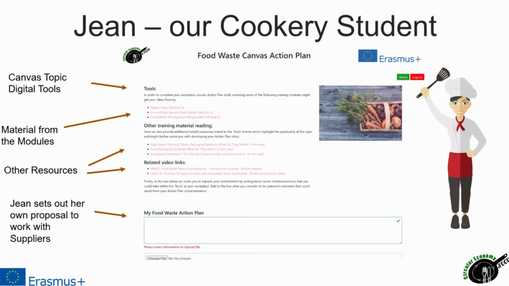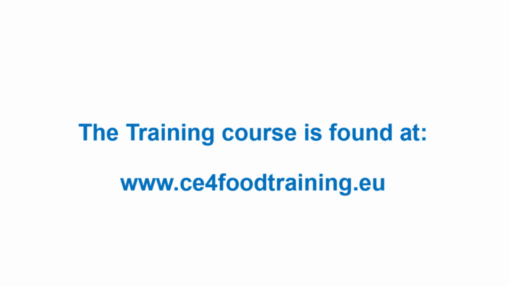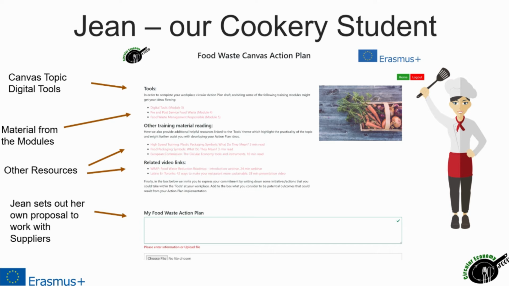So the first one that is highlighted is our tools. Now in this section here, there are a number of parts of our training course that is available from our main website through to the training course, and there is some material there that we recommend she immediately looks at.